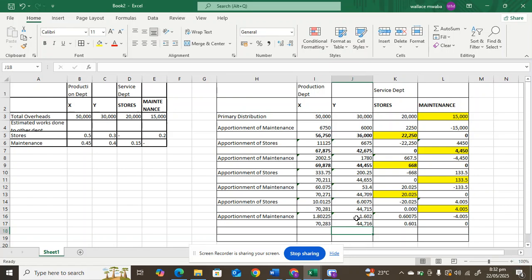Okay, so finally, no, I wouldn't say finally yet, but this is the next amount that we need to reapportion. This is 0.6, say minus 0.601. Okay, if it was just a flat zero here, we would have ended it, okay? But we just want it to be zero. Okay, so going to apportion this 0.601. So apportionment of stores.